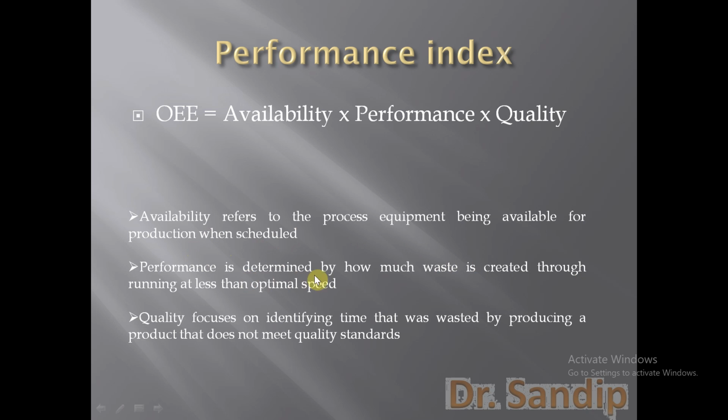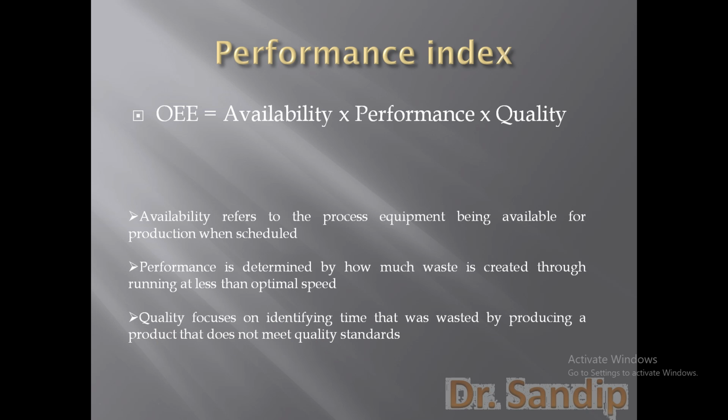Now, the performance is determined by how much waste is created through running at less than optimal speed. So in case the system is not running at an optimal speed, we expect the waste should not be much. That is what the performance deals with. And finally, quality focuses on identifying time that was wasted by producing a product that does not meet quality standards. Now, this is quite simple.